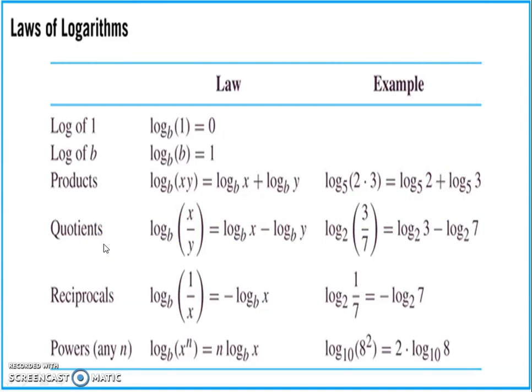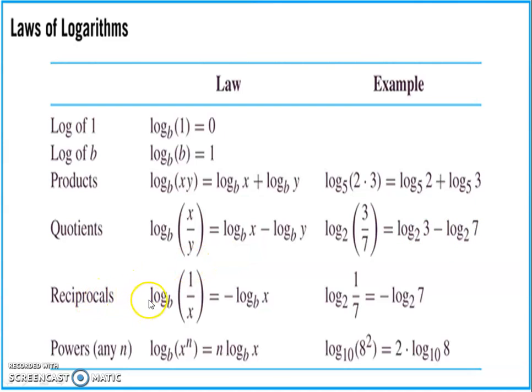Quotient law: log of x upon y to the base b is log x to the base b minus log y to the base b. If I put x and y as 3 and 7 and base 2, then log 3 upon 7 to the base 2 I should write as log 3 to the base 2 minus log 7 to the base 2.